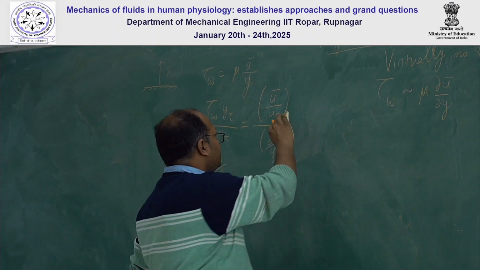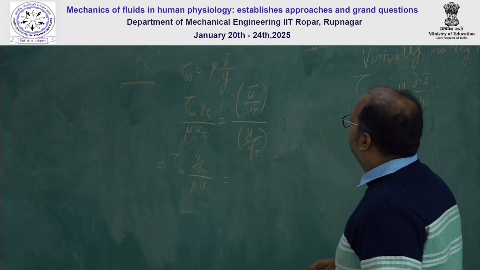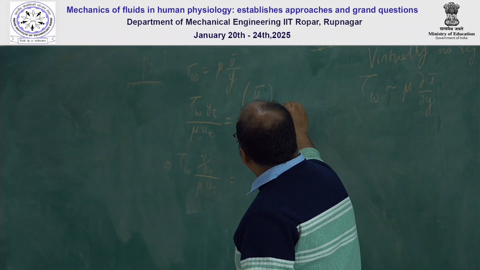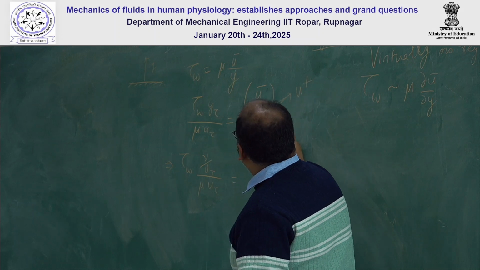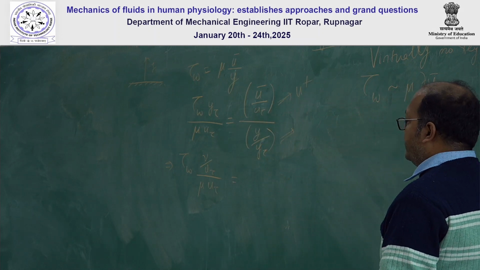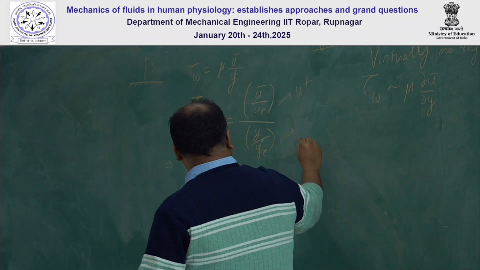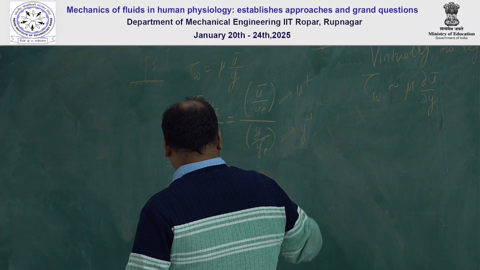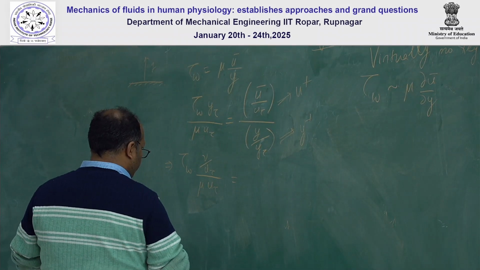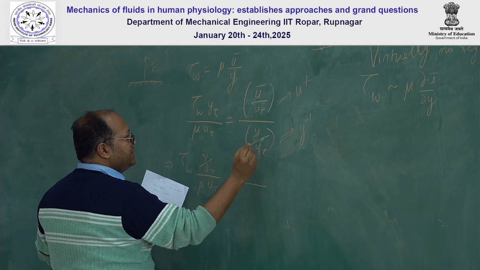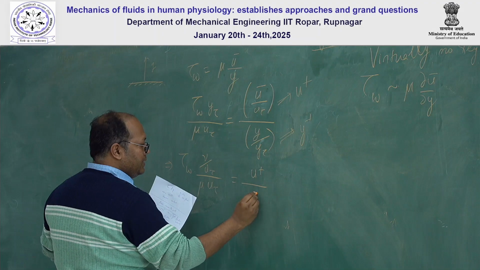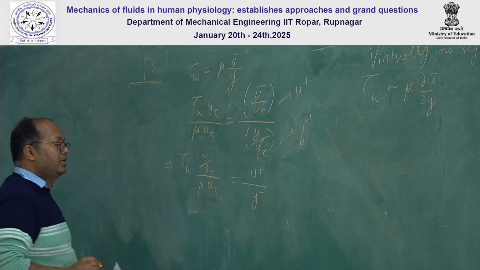Again, these non-dimensional ratios, u bar by u tau, we are defining as u plus, and the ratio of y by y tau, we are referring to as y plus. So this becomes u plus, this becomes y plus.